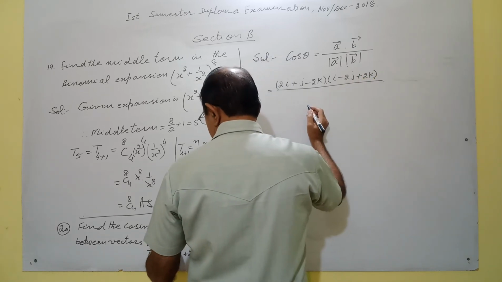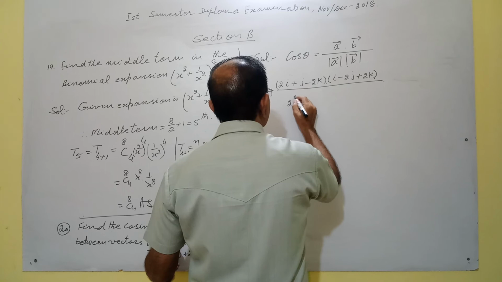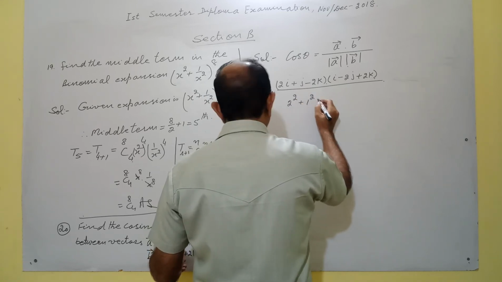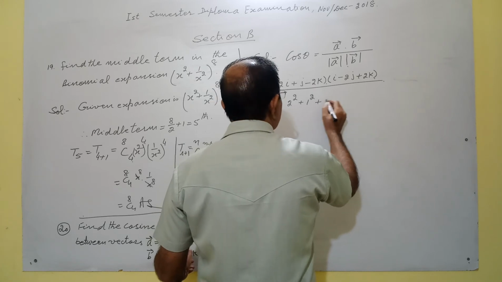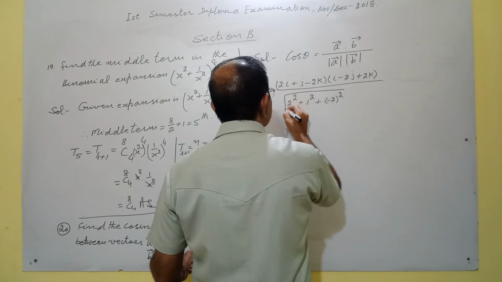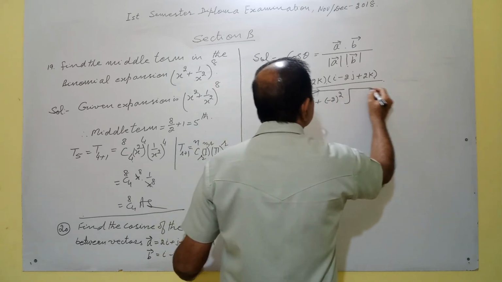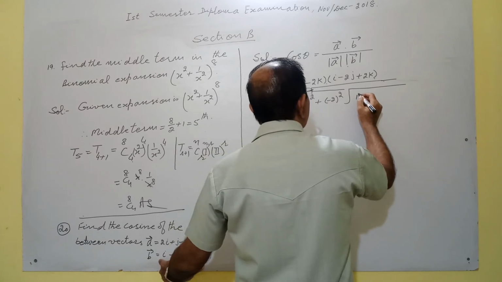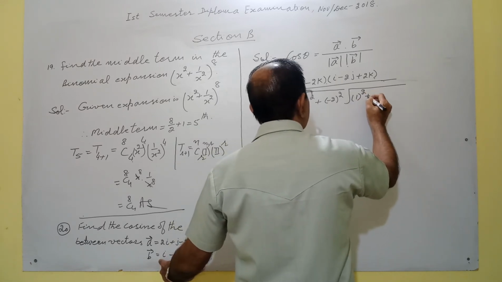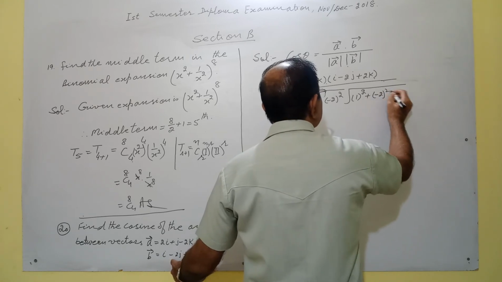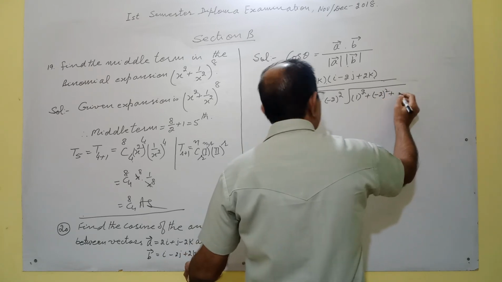Mod A is the square root of 2 square plus 1 square plus minus 2 square, and mod B is the square root of 1 square plus minus 2 square plus 2 square.